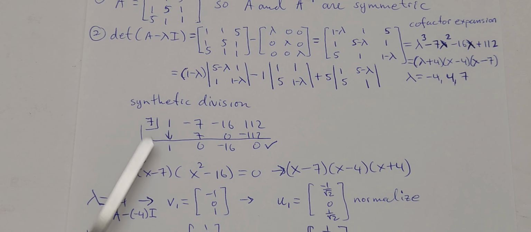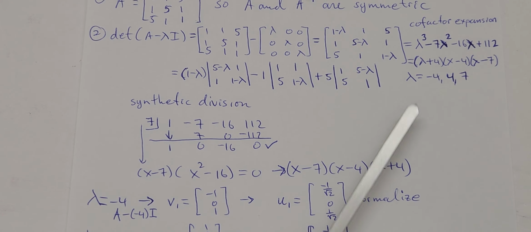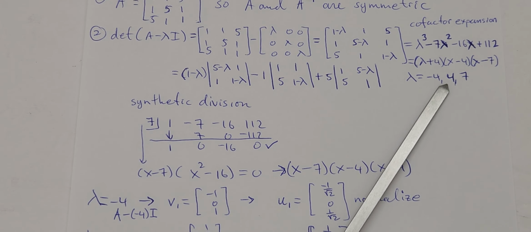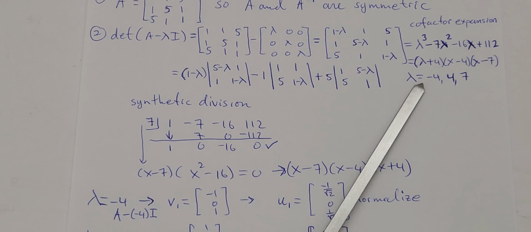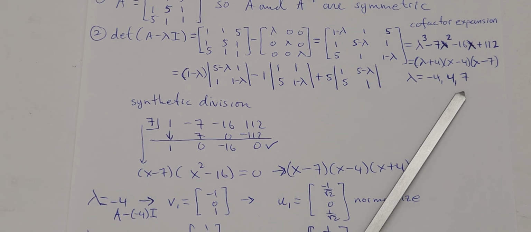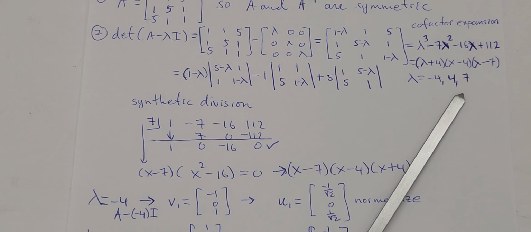I hope you remember synthetic division back in college algebra, which is Math 105, and maybe Math 110, which is pre-calculus. So these are our factors, and do the opposite of them. So it becomes -4, +4, +7. So these three are our eigenvalues.